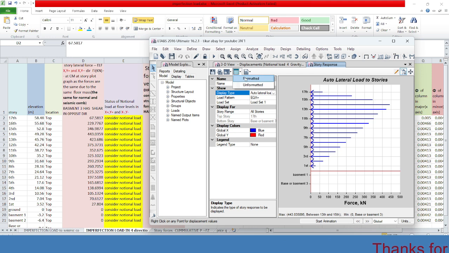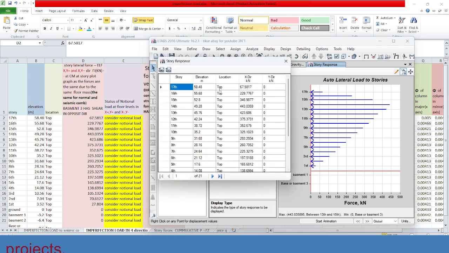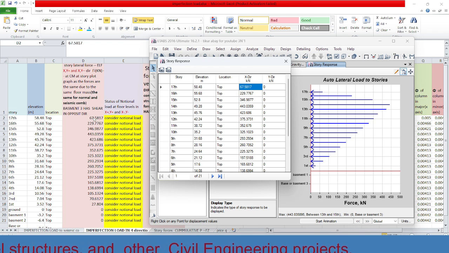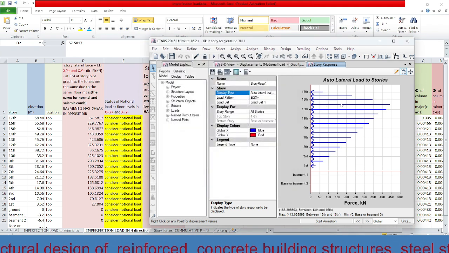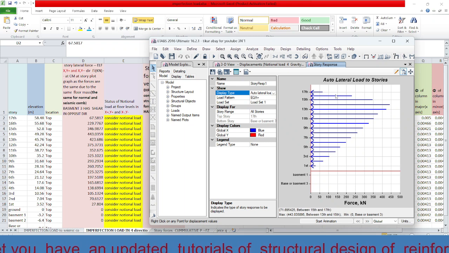We can take from this table here 67, 229, 346. All these are the lateral forces which will be applied at every story.